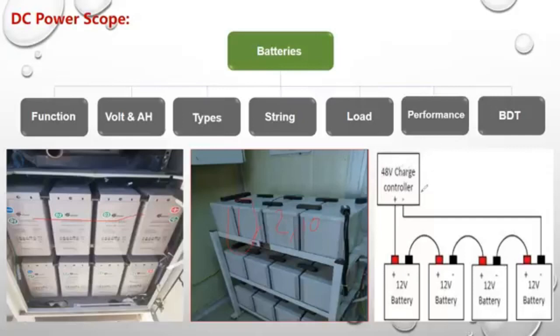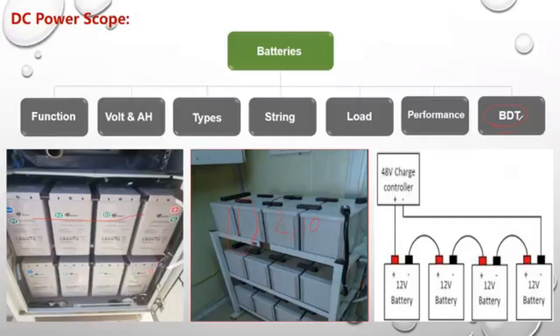Now, recently we have the BDT, the battery discharge test, which is a test done for batteries to reassure the battery efficiency in the site.